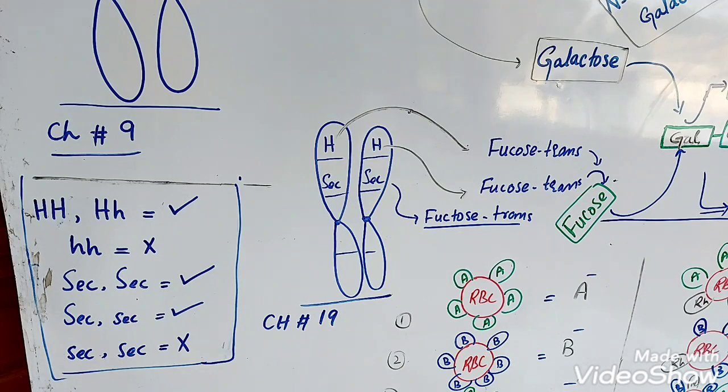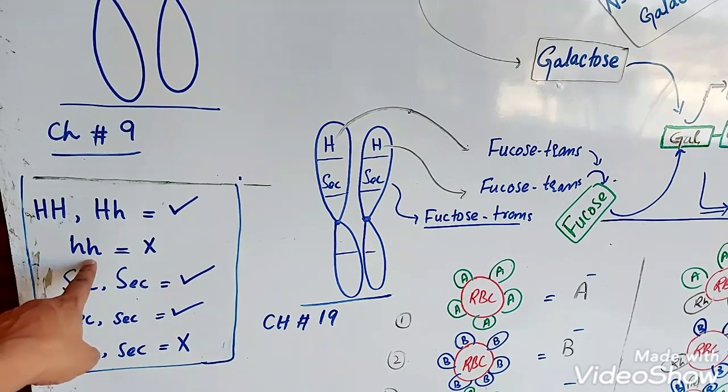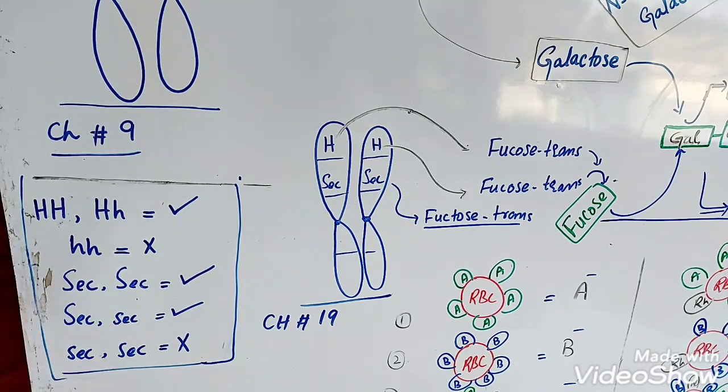How does this happen? How can the person be AB with respect to the I gene, but O phenotypically? The RBC do not have antigen A and B. Look, this is because of recessiveness of H gene.